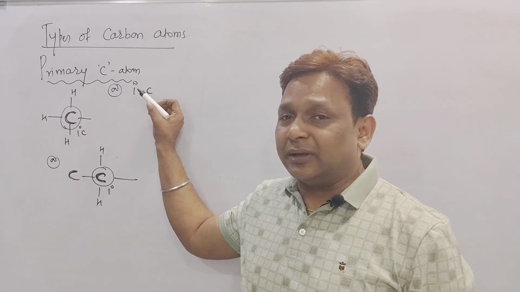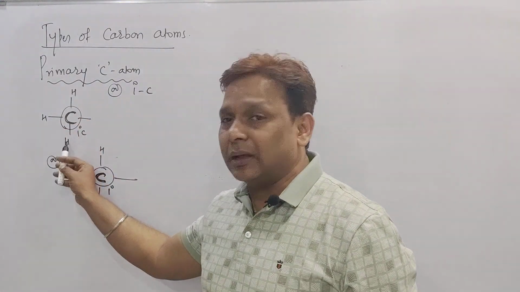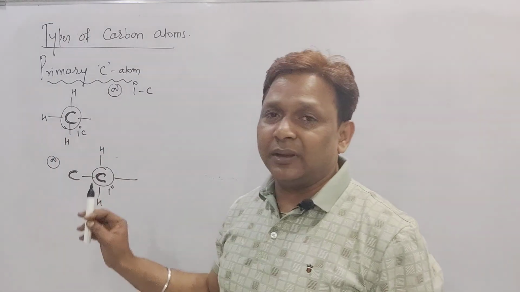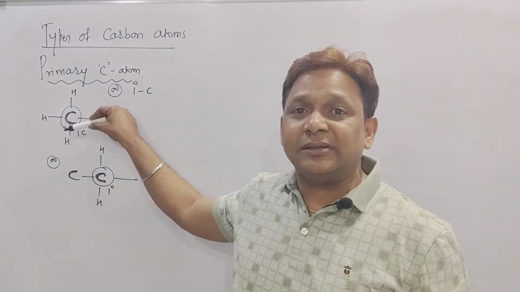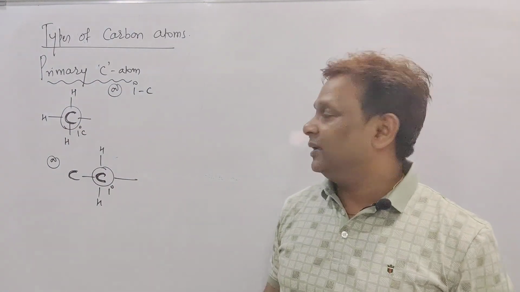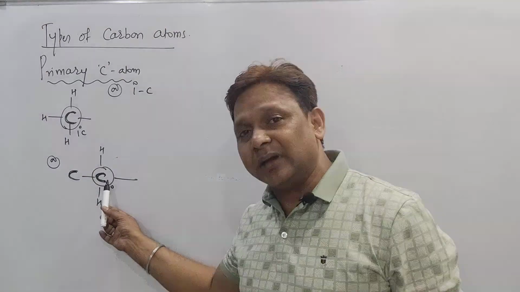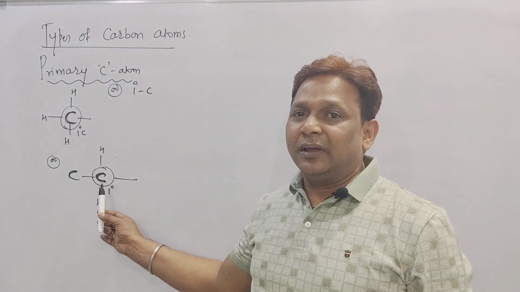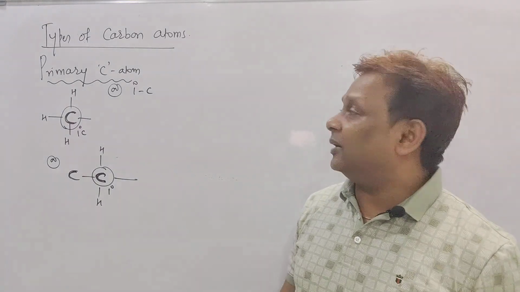What is the definition of a 1 degree carbon, beta? A carbon atom attached with no other carbon is called a primary carbon. But a primary carbon containing hydrogens gives a primary hydrogen atom. Here, a carbon atom attached with one carbon is also called a primary carbon, and a primary carbon having hydrogens gives primary hydrogens.